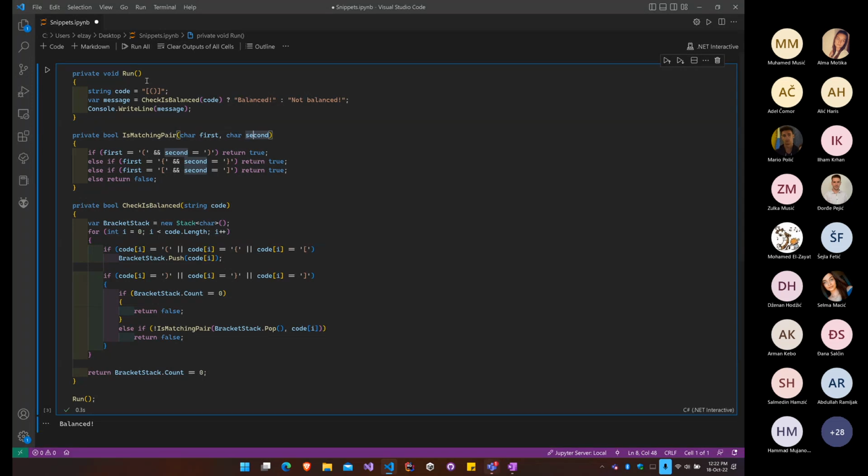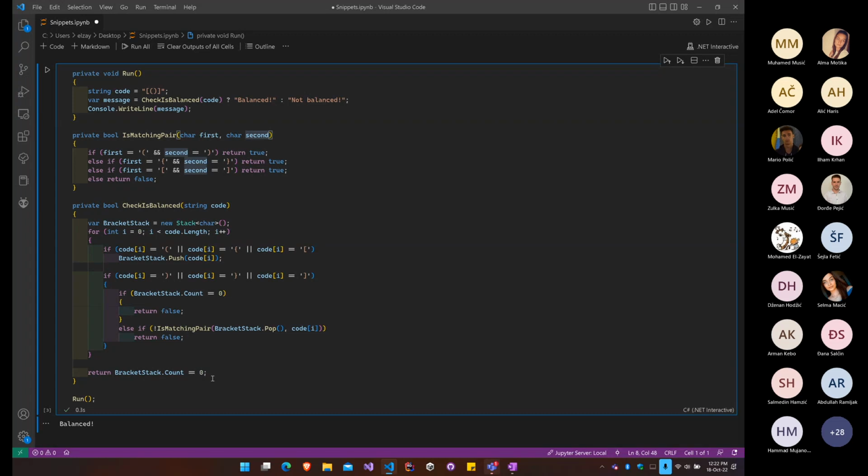So if, when I'm closing the bracket, I find another type other than this one, then it will return false, and it will say, hey, this is unbalanced. If it goes through the whole loop without any problems, and we have an empty stack, then it should return true, right? So here I'm returning whether bracketStack.Count equals 0.